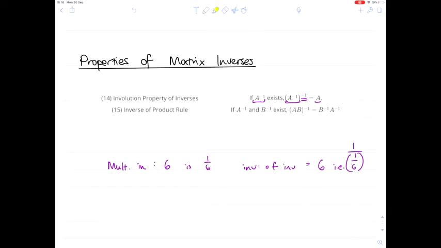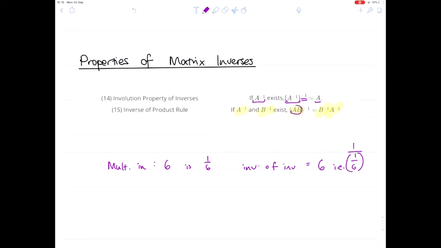Now this rule is a little bit different. If you have two matrices, A and B, and you can find their inverses, then it turns out that the inverse of the product A times B is the product of the inverse of B times the inverse of A. So there is a change in order here.